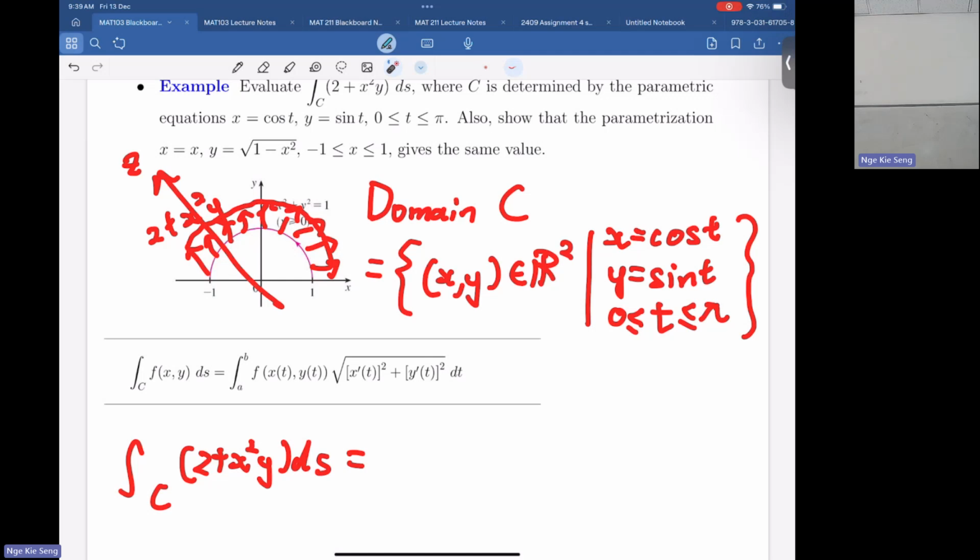But we integrate over one variable only. So how do we go from two variables to one variable here? That's good.